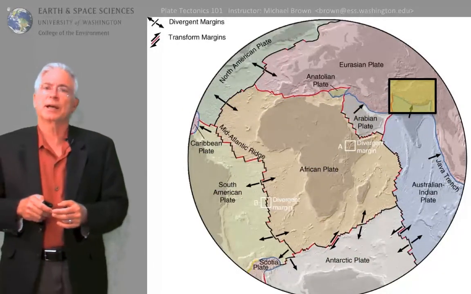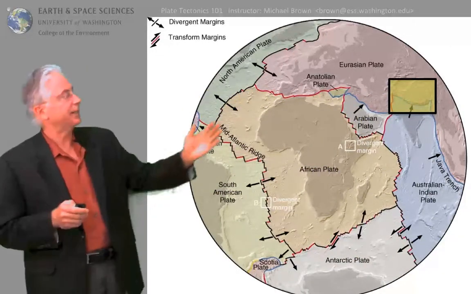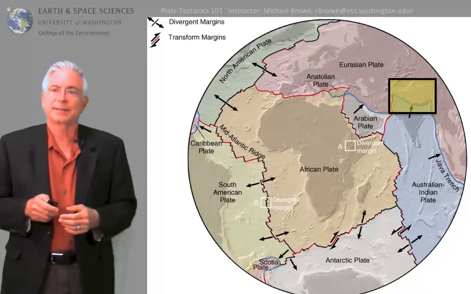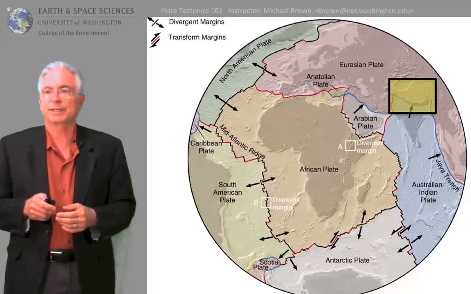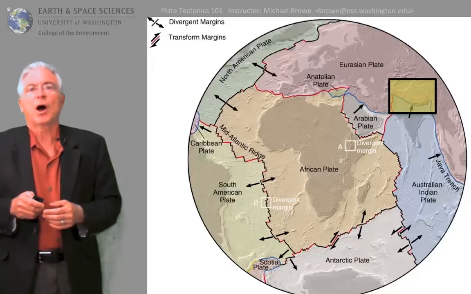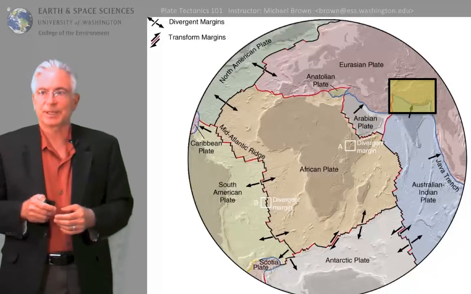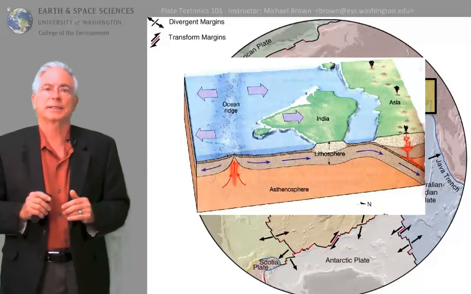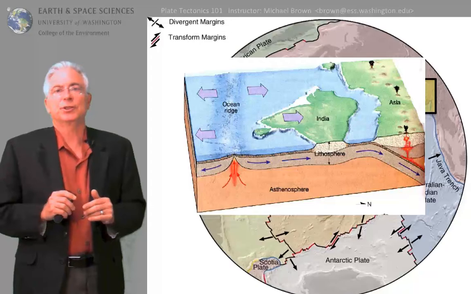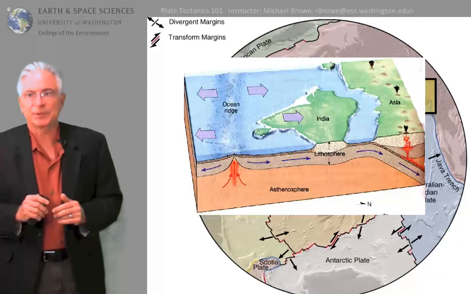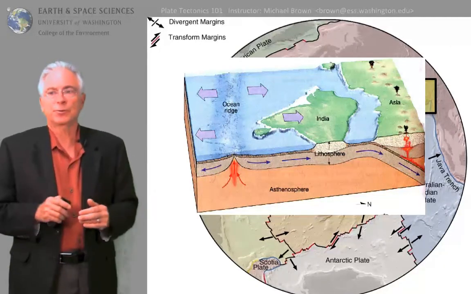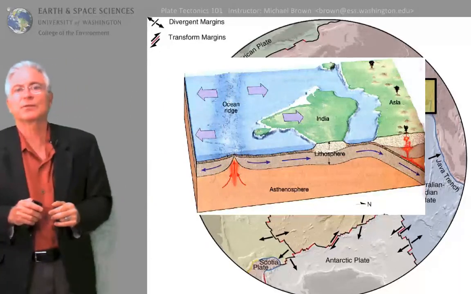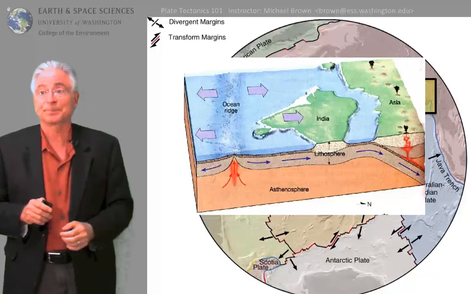On the other hand, if we come across to the area highlighted here over in northern India into Tibet, we have a collision area between the Indo-Australian plate and the Eurasian plate. The idea is simple. India was a subcontinent separated from Eurasia prior to about 50 million years ago. India was moving northward. You can see this northward movement in this image.